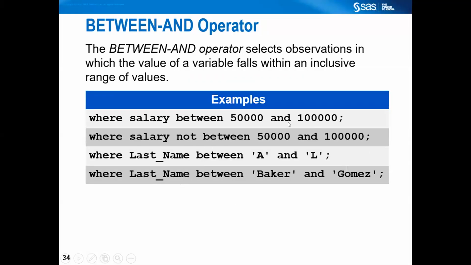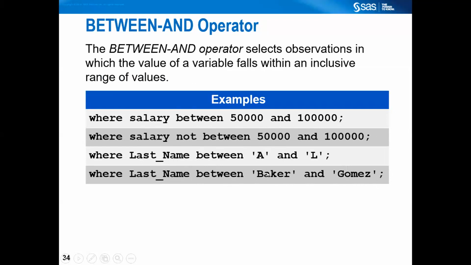So this is between and, and it's very simple to understand: where salary between 50,000 and 1 lakh, or you can also use not between 50 and 1 lakh. With character values also, you can use between, for any name or last name between A and L. That means in a column last name, if any name has a character value starting between A and L, it should be selected, or a word also like baker and gold.